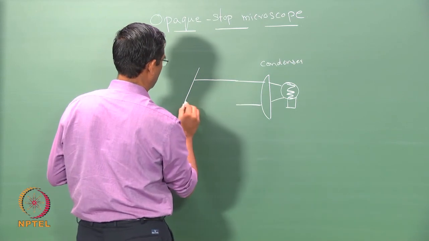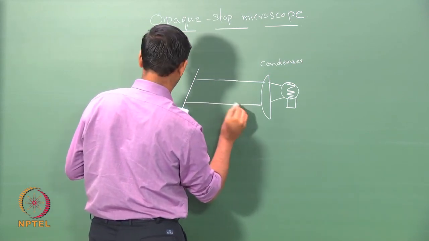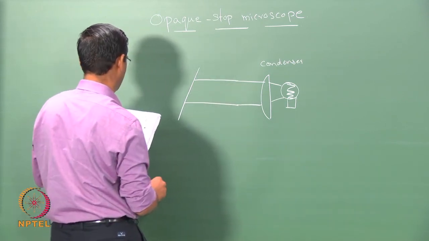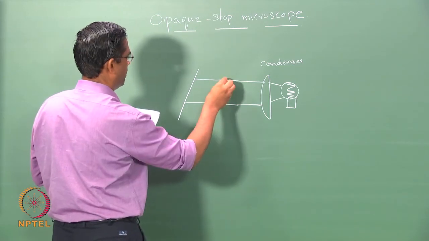There is a glass slip which is inclined at 45 degrees.